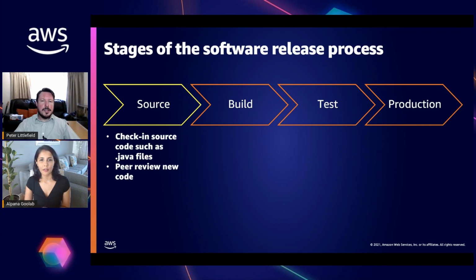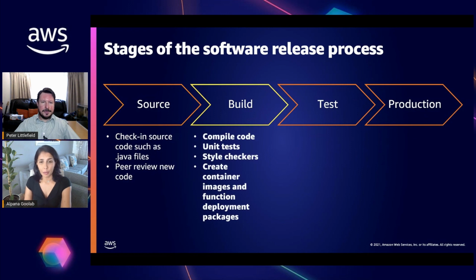Awesome, I'll go first. In the first phase, we're checking in the source, and then hopefully we're doing peer reviews, because if you're doing continuous deployment, that's the last time you're going to see that code before it goes into production. And then in the build phase, you're compiling code, you're performing unit tests, maybe doing style checkers, creating your container images and your function deployment packages.